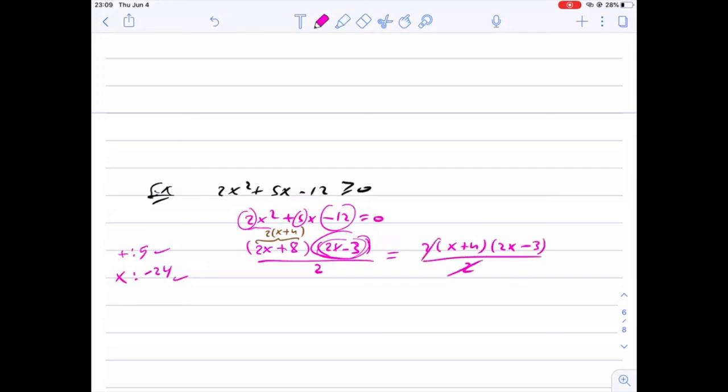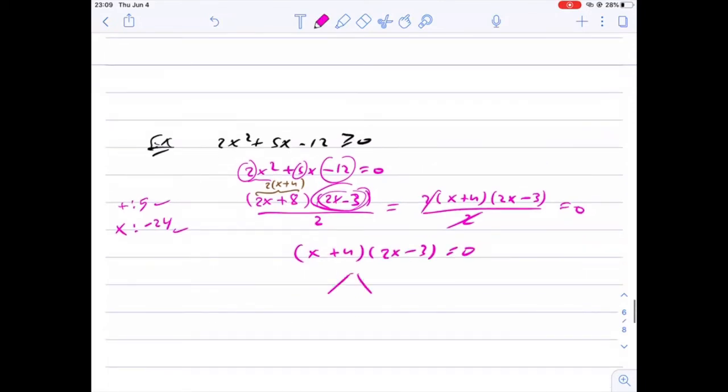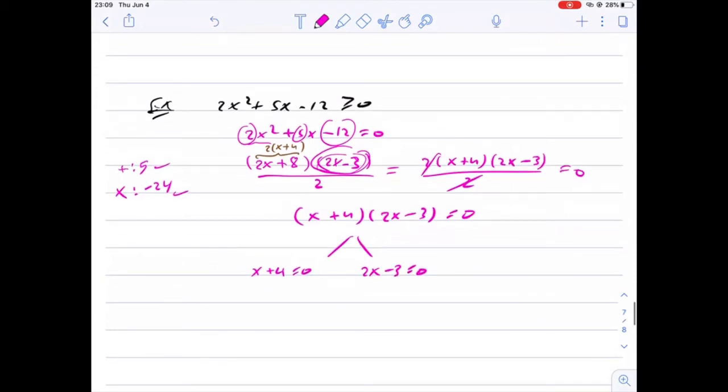We cancel the 2 from the numerator and the denominator, and set this equal to 0. So we have x plus 4 times 2x minus 3 equal to 0. And using the 0 factor property, we have x plus 4 equals 0 or 2x minus 3 equals 0. We solve these linear equations. We get x equals negative 4.